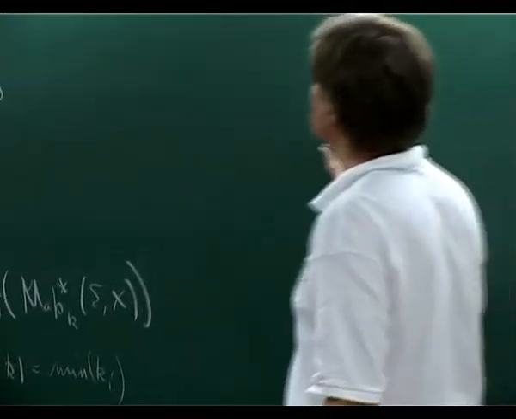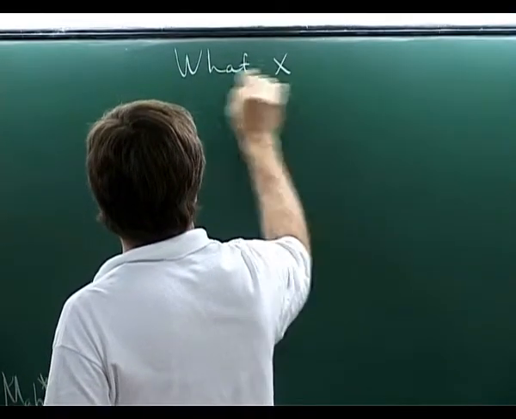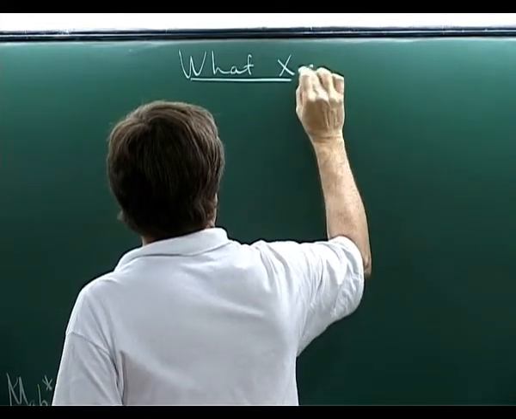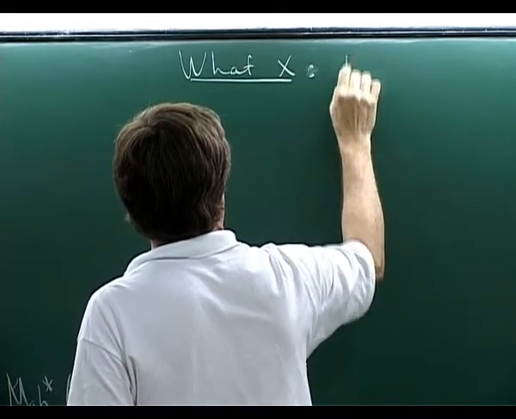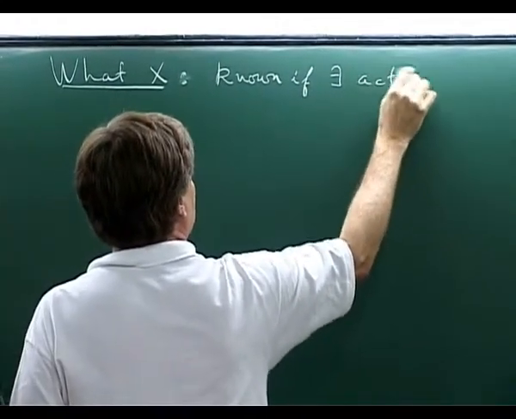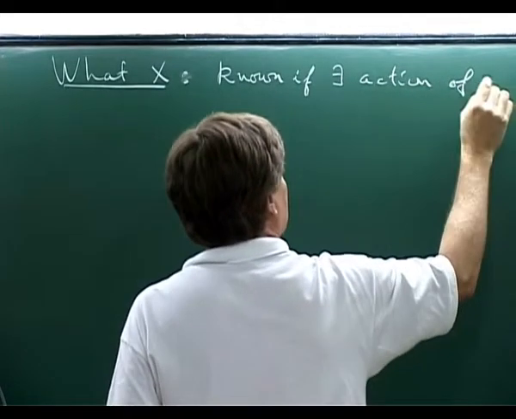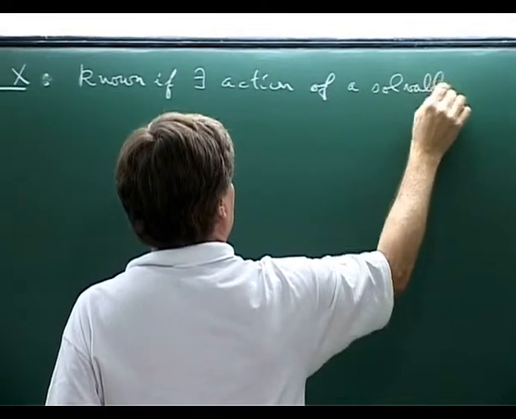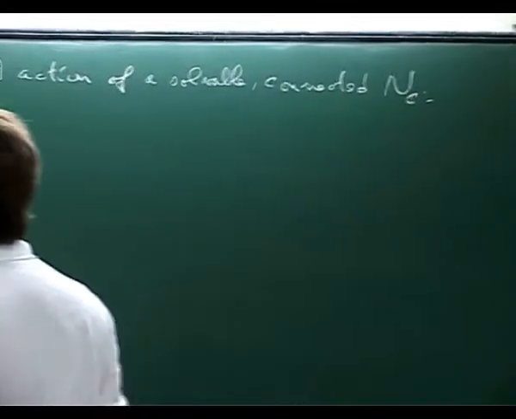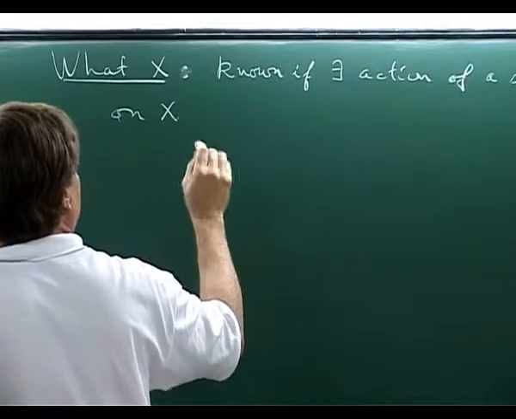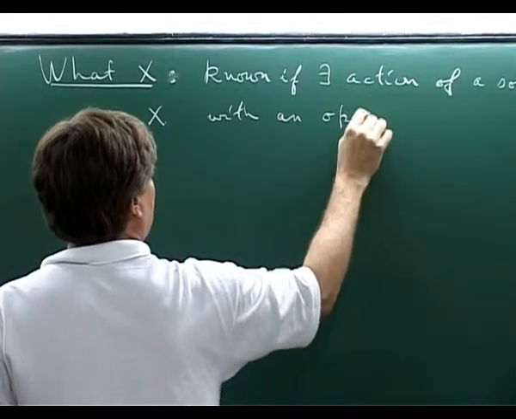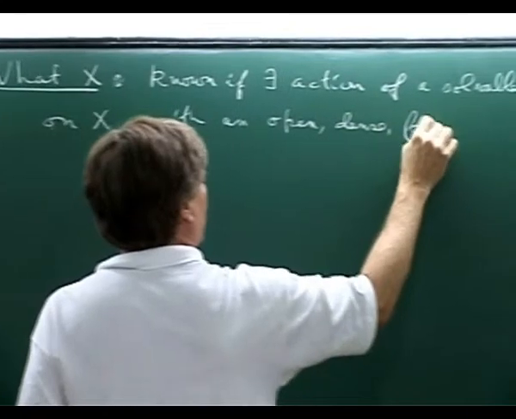So when? For what X? Basically, it is known if there exists an action of a solvable, connected complex group N on X with an open, dense, free orbit.